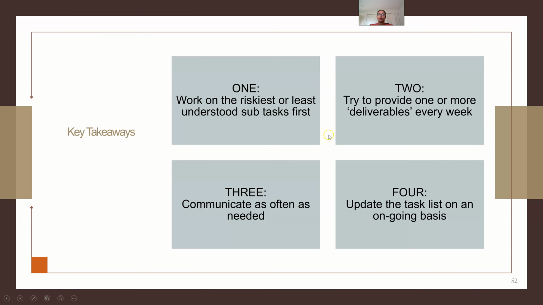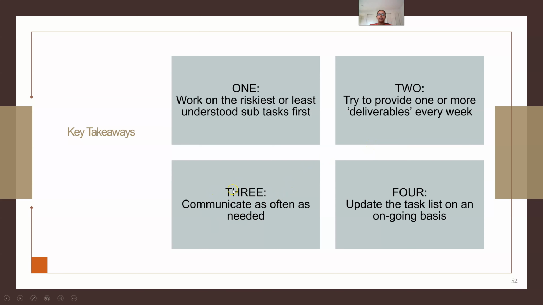Coming finally to the key takeaways, there are four major takeaways for Scrum which I felt would be: the first one is working on the riskiest or least understood subtask first. The second is trying to provide one or more deliverables every week, that is having sprints where we have at the end of a sprint a deliverable for sure.